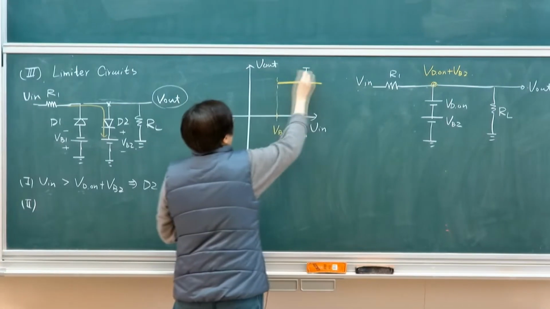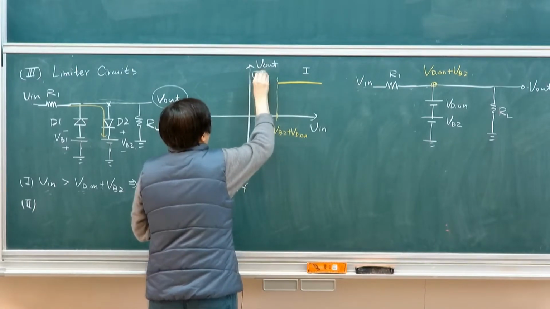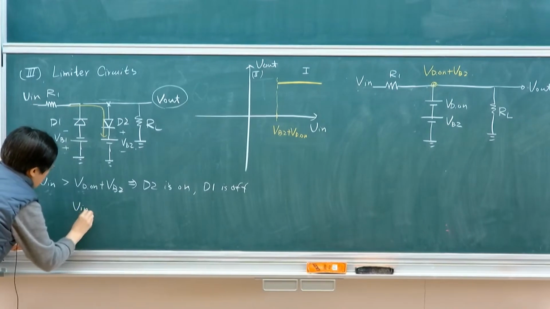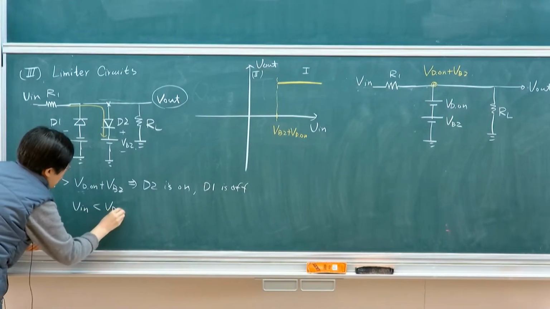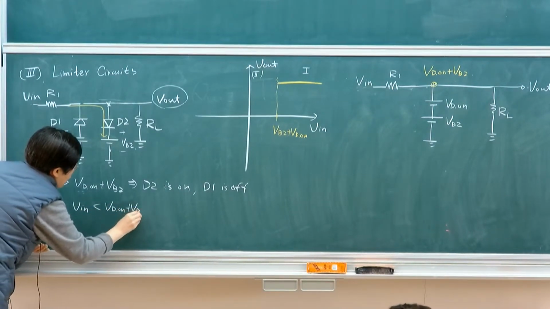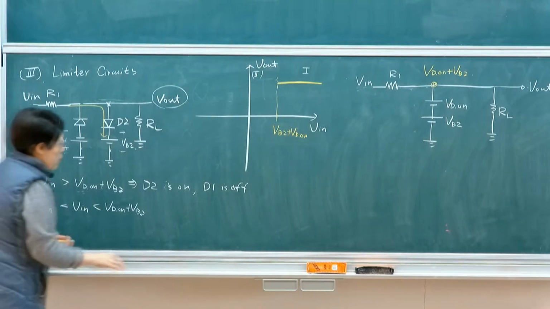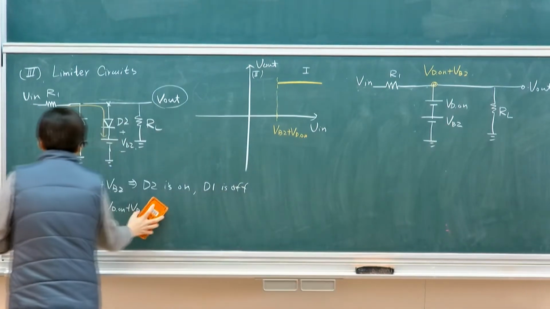If I'm in zone 1, when V in does not turn on branch 1, it does not turn on branch 2. Let me redraw this.